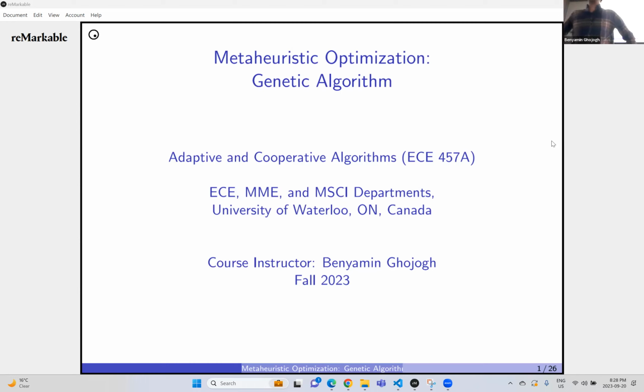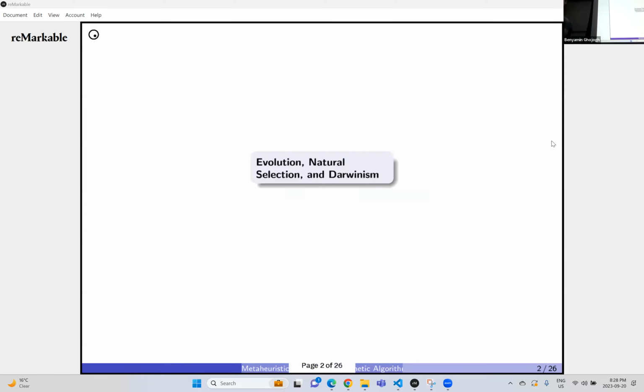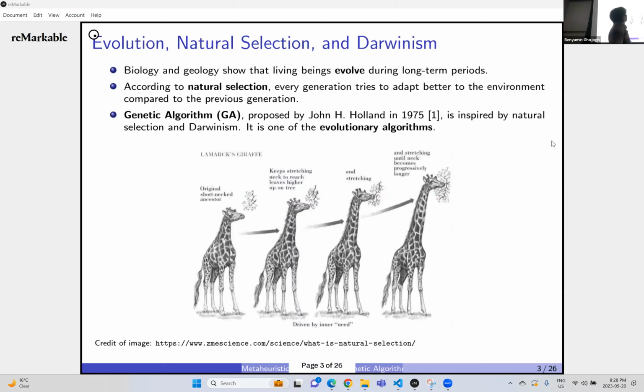So let's continue with the genetic algorithm. That's another metaheuristic optimization algorithm, and that's very cool, actually. So let's talk about evolution, natural selection, and Darwinism a little bit. I think you have heard of this, so I don't need to explain too much.